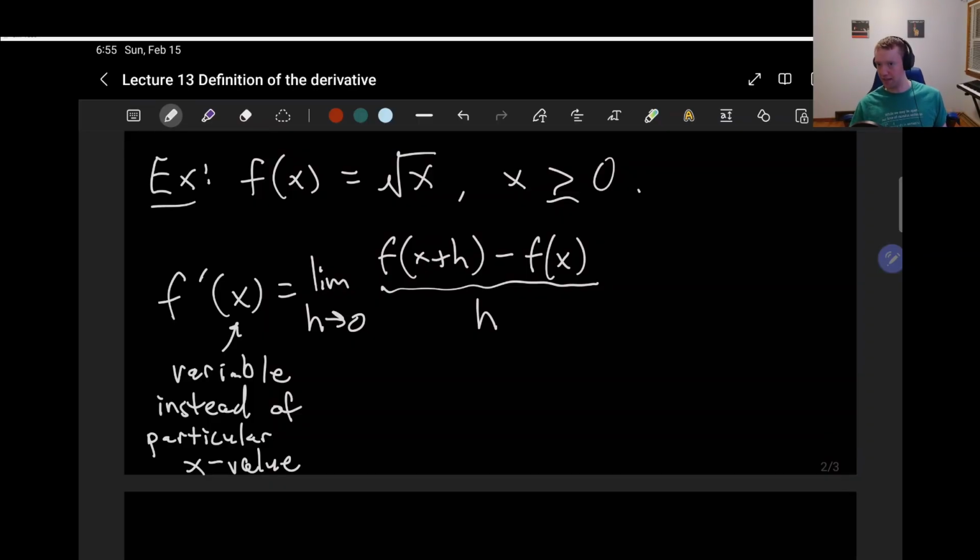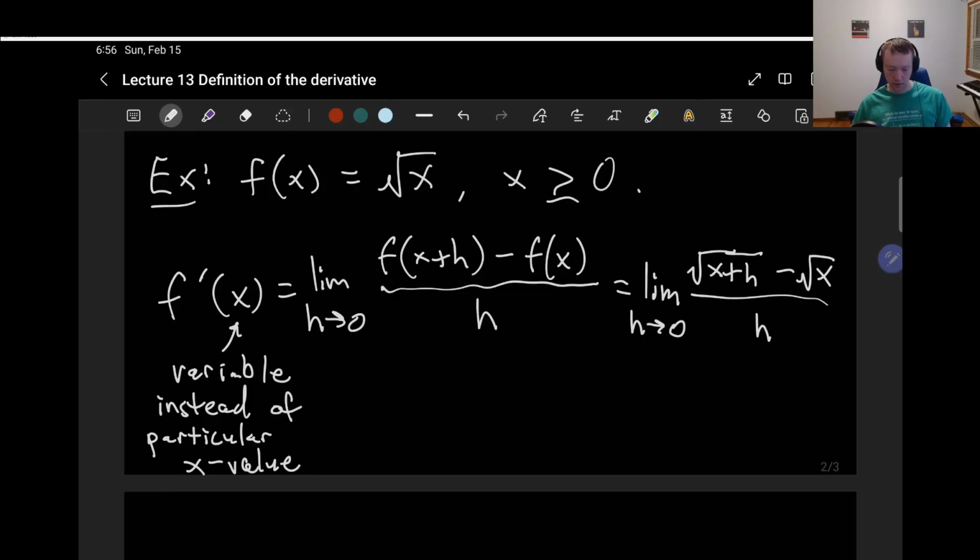It's just that once we get to the end of this, we'll have a formula which will let us find the instantaneous rate of change anywhere. All right, so f of x plus h. That means x plus h is getting plugged in place of x here in the function. So the square root of the whole x plus h minus the square root of x over h.